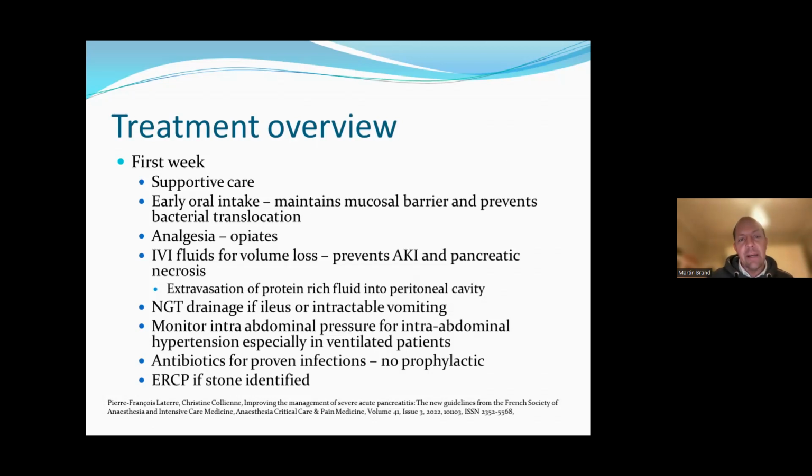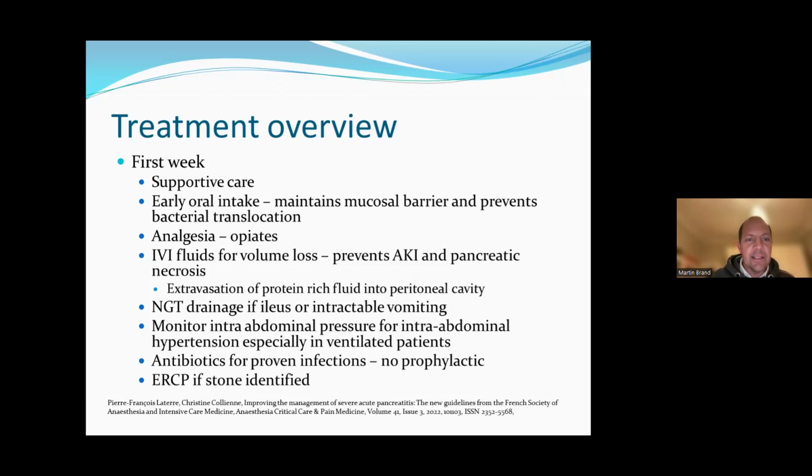There's significant data that shows once patients get this intractable intra-abdominal pressure in severe acute pancreatitis, a laparotomy is effectively a post-mortem. So in these patients, be very careful about intra-abdominal pressure and interpreting it, and also at the end of the day, what one is going to do about it.